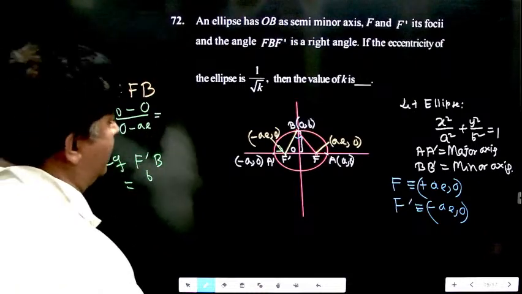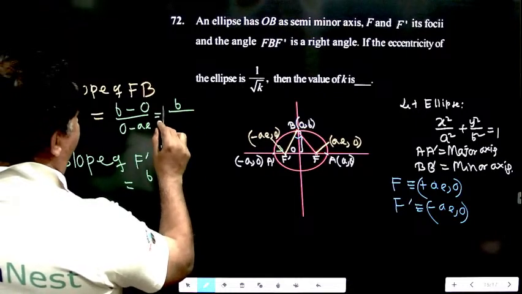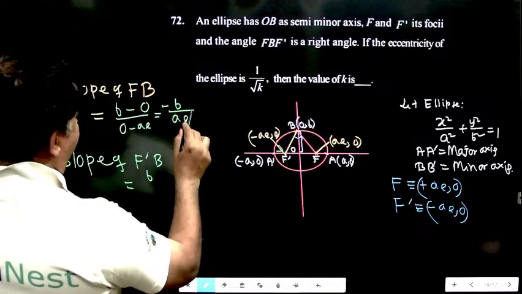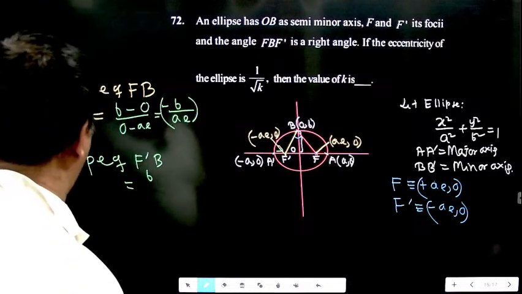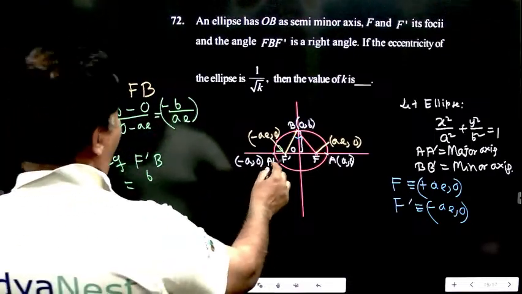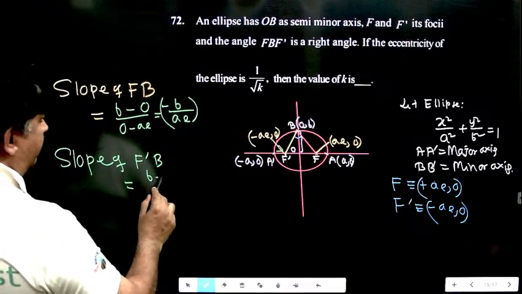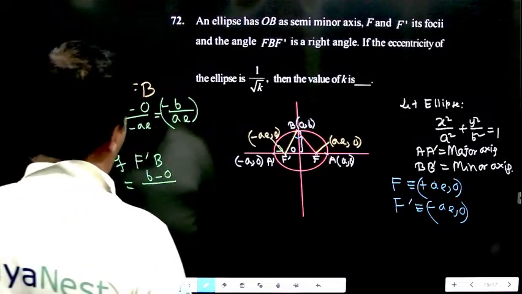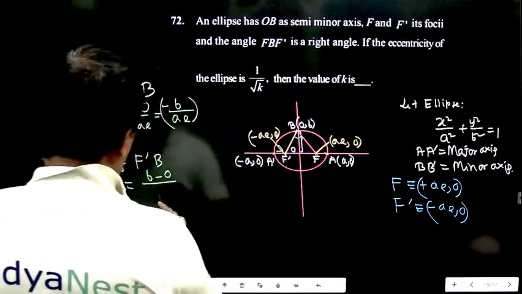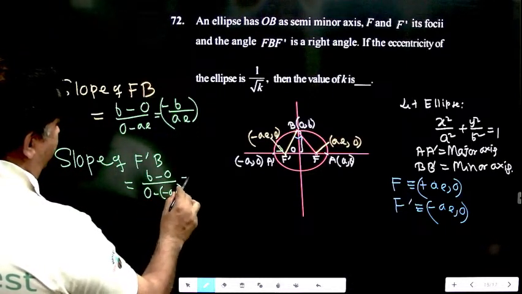That will give us the slope of FB as minus b by a. Therefore, the slope of F dash B is b minus 0 by 0 minus of minus a, that is b by a.